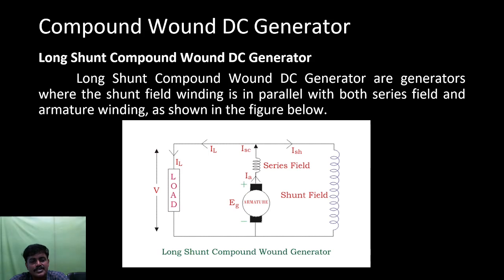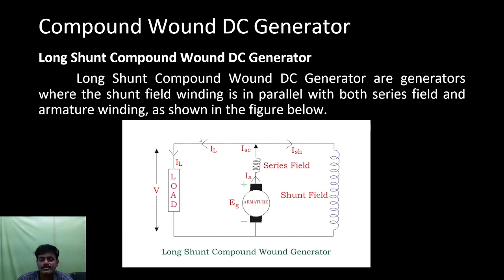And this is the circuit diagram for the long shunt compound wound DC generator. Here this field coil is exactly parallel to the series combination of the series field winding and the armature.